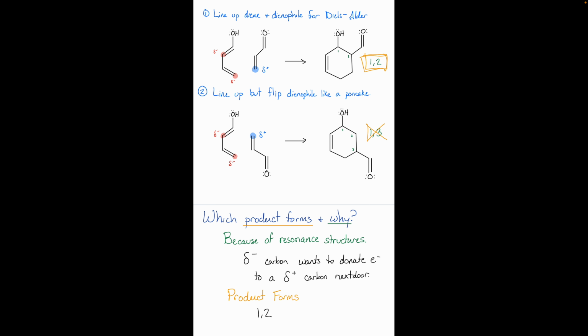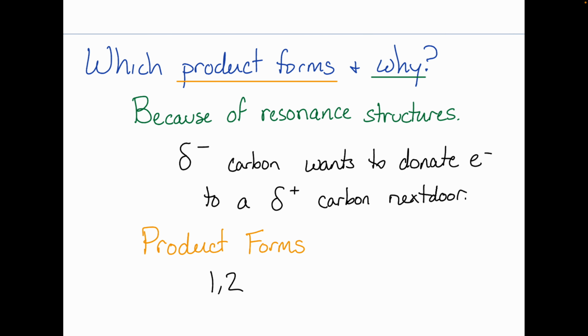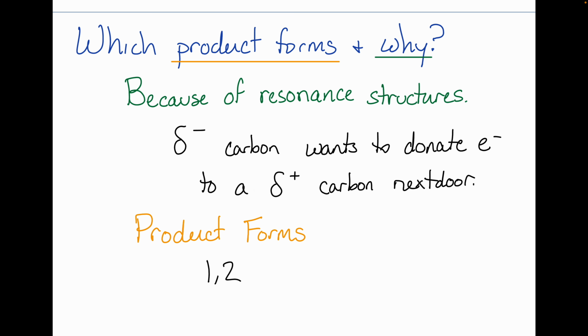Okay, so we can just kind of simplify this down to this rule of drawing our 1,2 product. However, you do want to make sure that you can explain to me why using those resonance structures. Okay, I am going to leave to you one other situation. So this is for you to do.